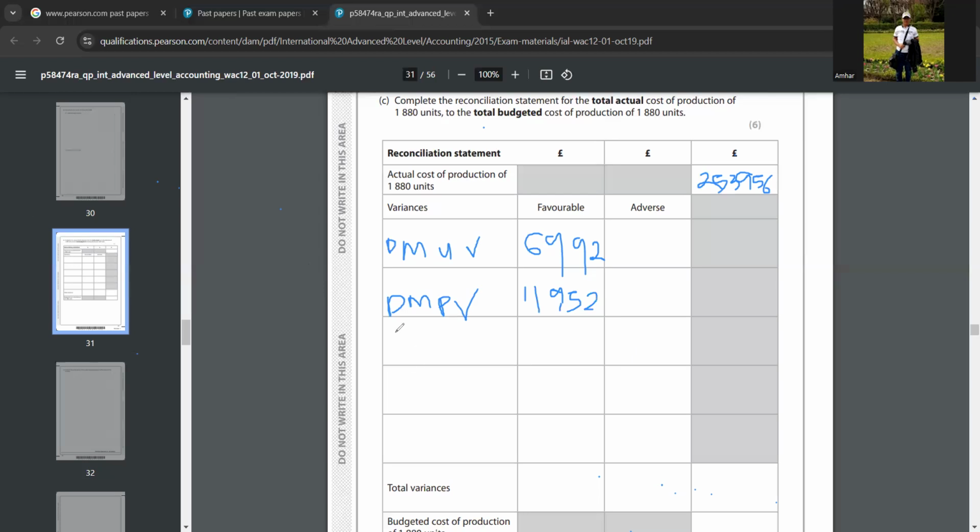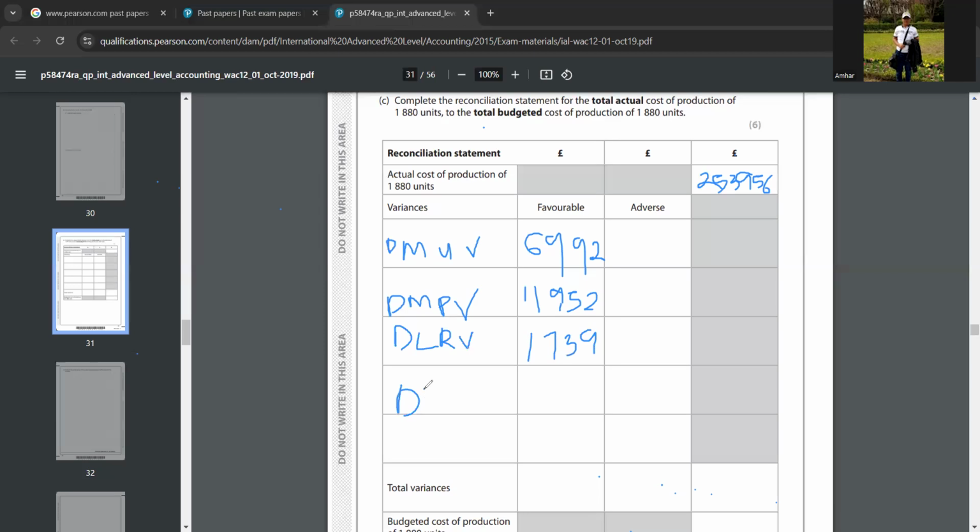So under this, you write direct labor rate variance. Don't write it in short form, write it fully: direct labor rate variance. Here there's no space, so I'm writing in short form. Direct labor rate is 1,739 favorable, so under favorable, you can write 1,739. And then we'll look at direct labor efficiency variance.